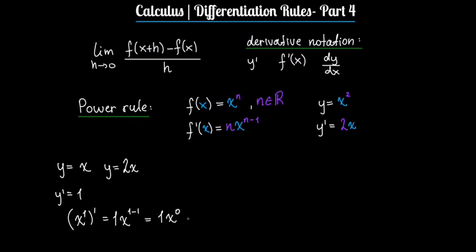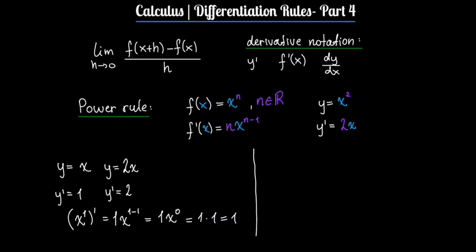And anything to the power of 0 is just 1. So we have 1 times 1, which is just 1. Similarly, for 2x, the derivative here would just be 2. So anytime you are computing a derivative of x to the first power, just know its derivative is just going to be the coefficient attached to it.